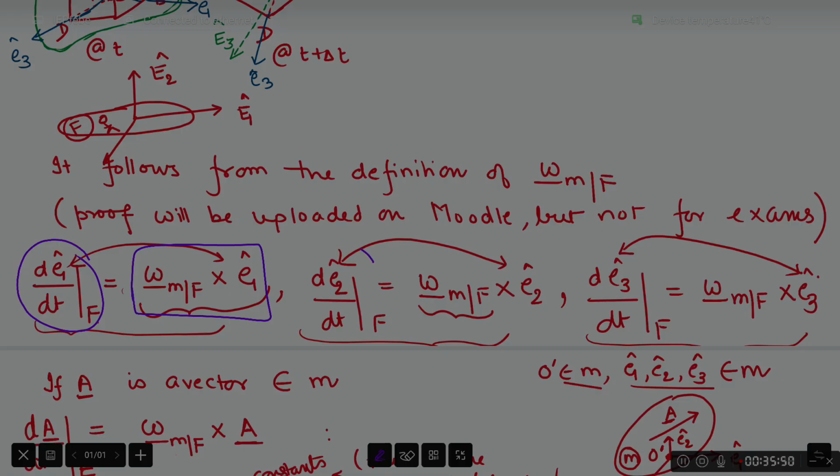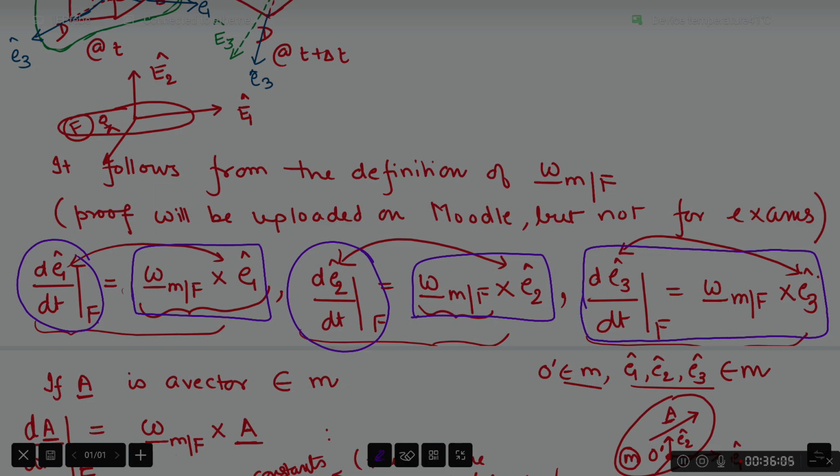Similarly, the rate of change of e2 with respect to F can be written as the cross product between the angular velocity and the e2 vector, and similarly for the third small e3 vector, the rate of change with respect to F can be expressed in this manner. These three relationships can be derived using the definition of angular velocity that I mentioned earlier.